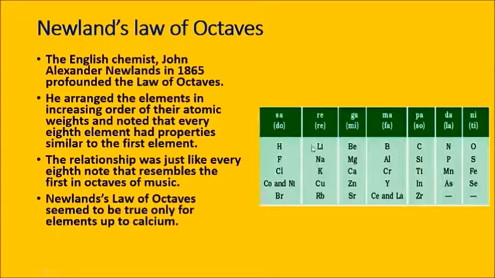Now you can see it is almost like the musical notes sa, re, ga, ma, pa, dha, ni. Again the repetition starts from sa. So you can see here lithium has properties similar to sodium, potassium, etc.